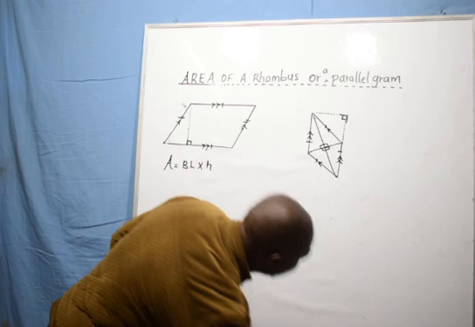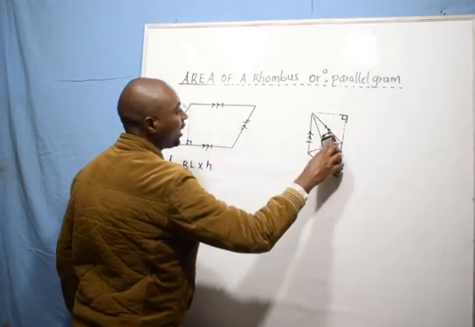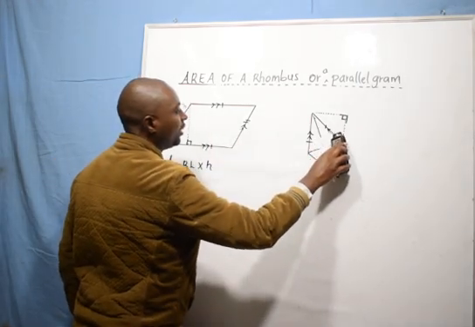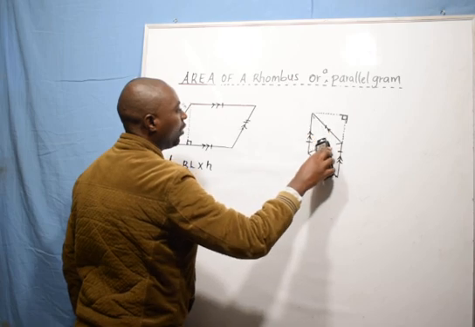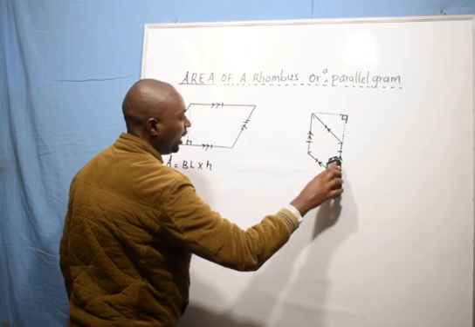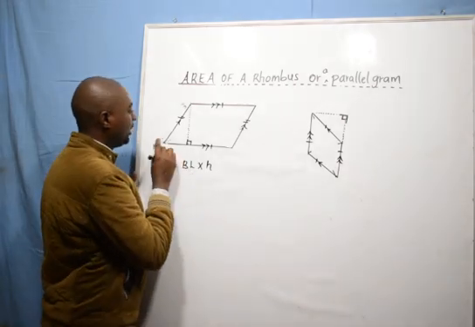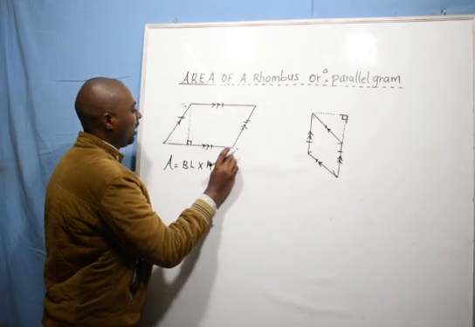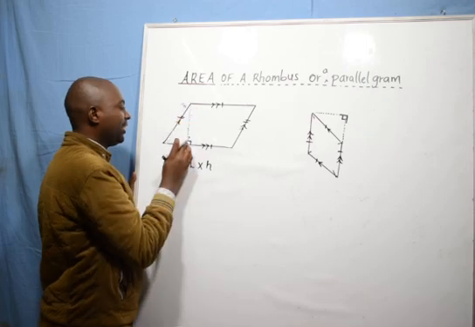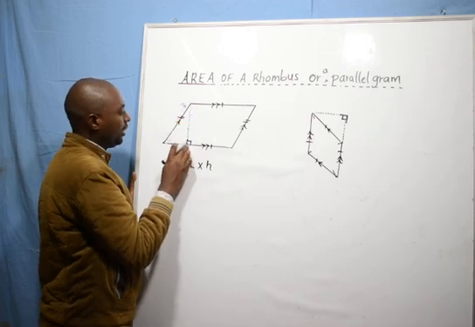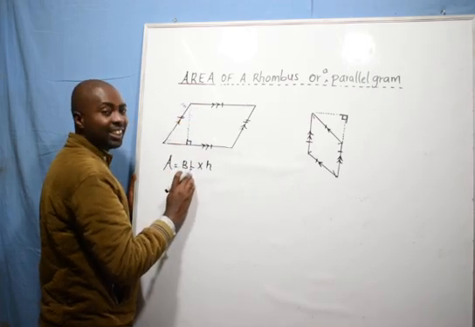Now, with that, I'll play around with that element to get the area. But let us look at the area of a parallelogram first, and also the area of a rhombus. To get the area, we simply take the line that has a perpendicular height. That line is known as the base length.